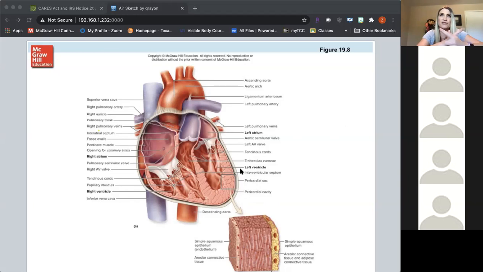If the opposite is true, so if the right ventricle is not able to pump all the blood out from the right side, that would create a backup in your systemic capillaries. And this can present itself as accumulation of fluid in your systemic tissues.